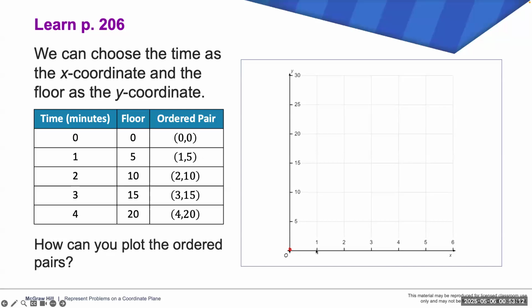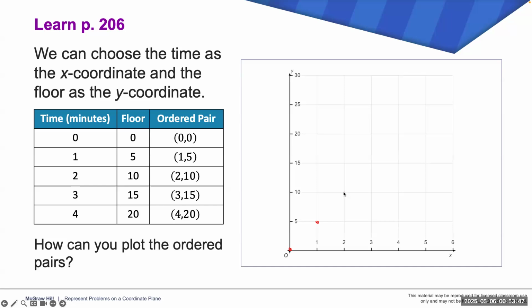So we say 1 and 5, it's 5 floors up, so it goes here. The third ordered pair is 2 and 10. So we say 1, 2, and then 10.